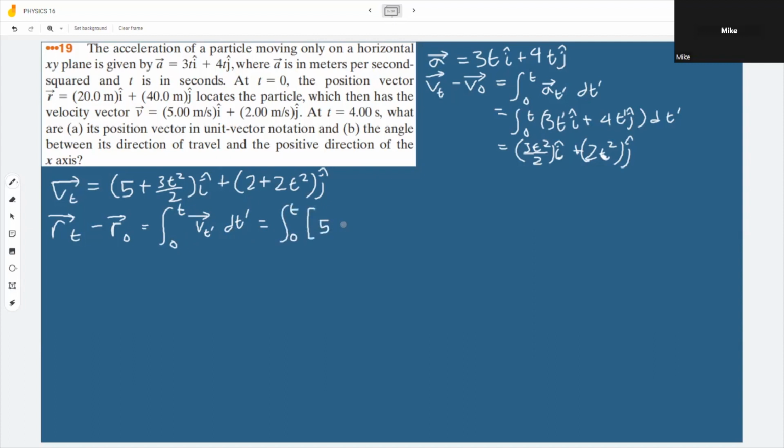Okay. And then that's only one component. Di ba dalawa yung components niyan? Tapos t prime pa rin yan.